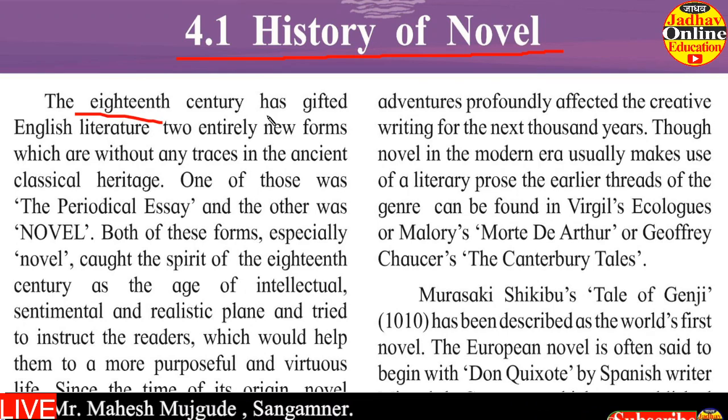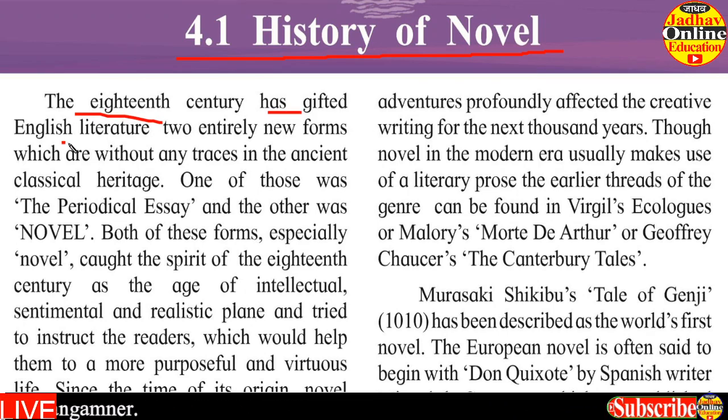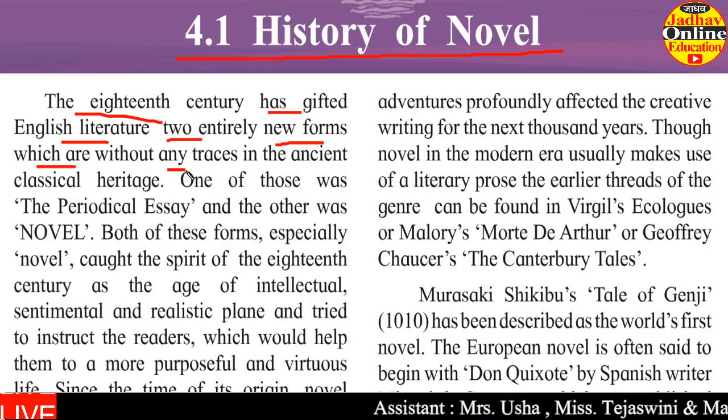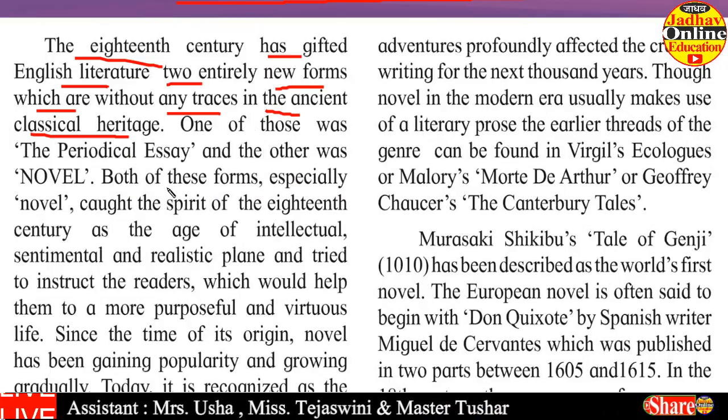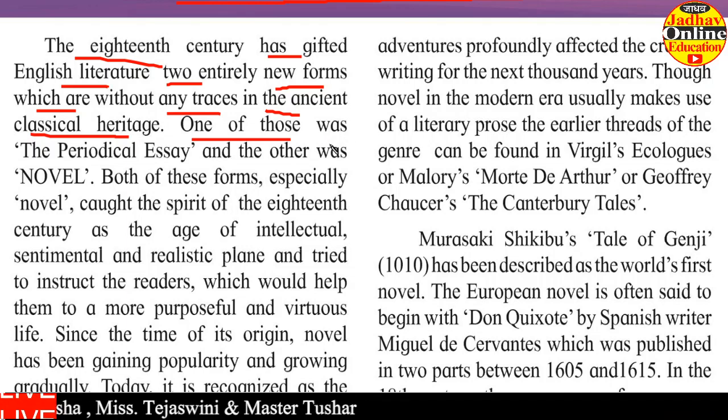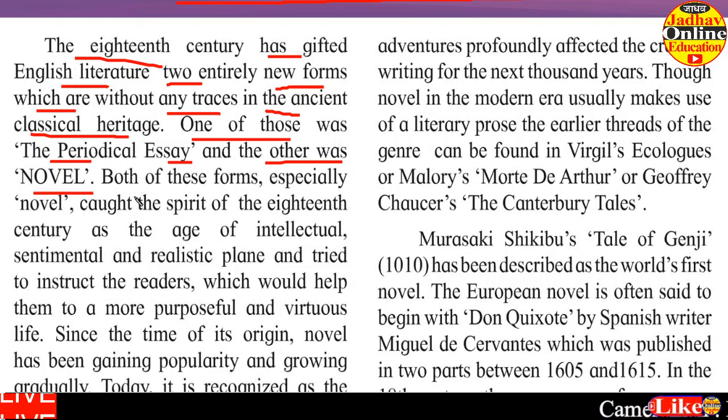The 18th century has gifted English literature two entirely new forms which are without any traces in the ancient classical heritage. One of those was the periodical essay and the other was the novel.